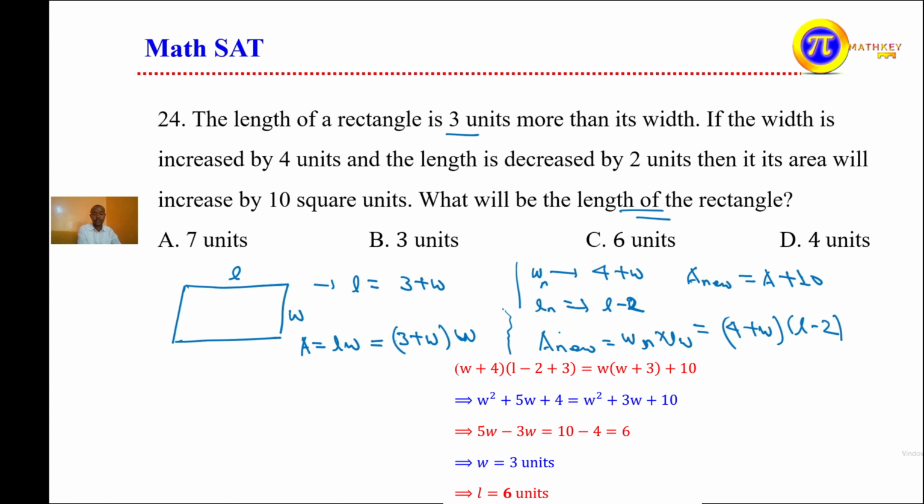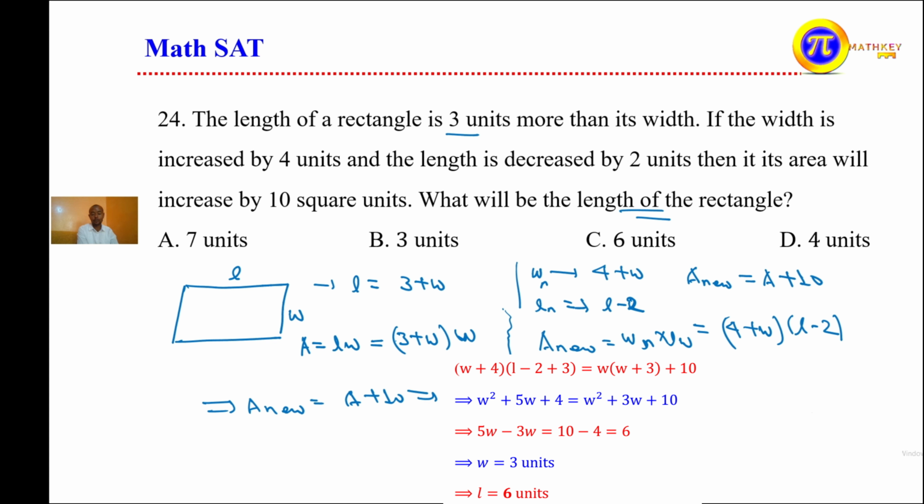But this new one is greater by 10 than the original one, which implies you have to equate them. This implies that the area of the new is equal to the area of the old one plus 10.